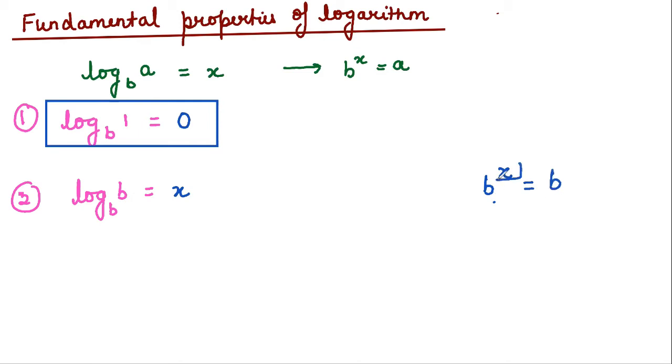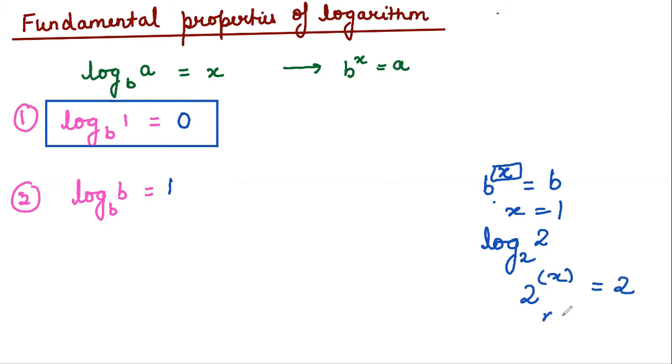So what should x be? x will be equal to 1. So if your base and your output are the same, the answer will always be 1. For example, log 2 to the base 2. I'm asking you 2 to the power x should be equal to 2, so x should be 1. This is your second property of log. Let's see the third property.